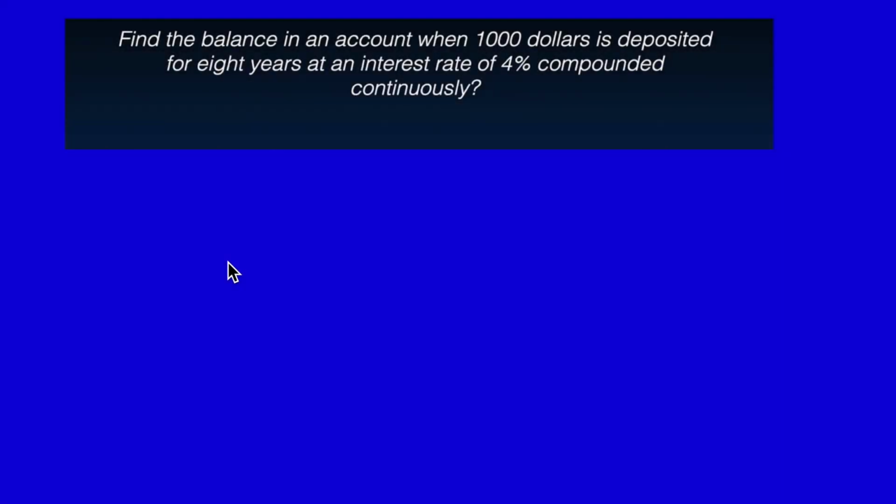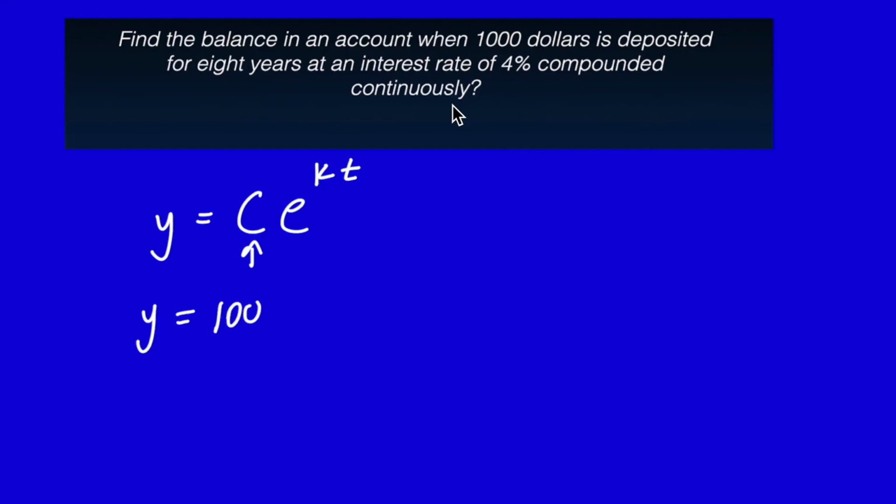Next, we are told that we have $1,000 deposited with a 4% interest rate compounded continuously. So whenever you see the word continuous, you're going to use this equation. e has to be involved. Now we are given an initial amount this time, which is 1,000. We're going to have e, and the k is going to be 4%.